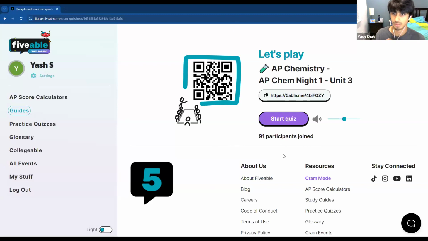Okay, great. Once we have about 100 people, we can get started, or we'll get started at 9:56, whichever comes first. The screen share isn't centered. Is it good now?